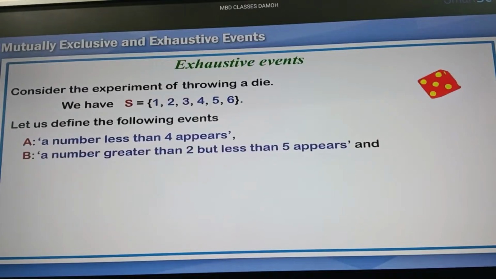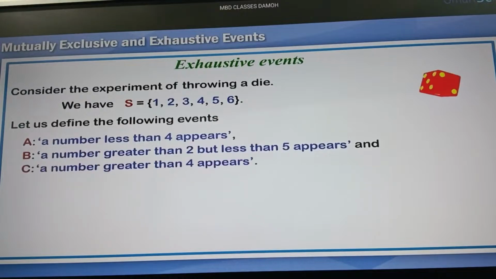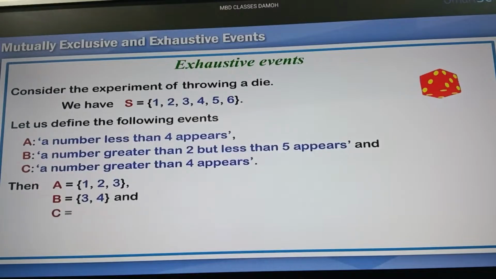Event B, a number greater than 2 but less than 5 appears. And event C, a number greater than 4 appears. Then event A is equal to {1, 2, 3}. Event B is equal to {3, 4}. And event C is equal to {5, 6}.